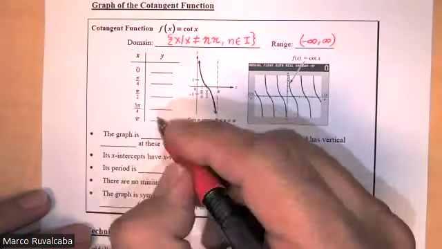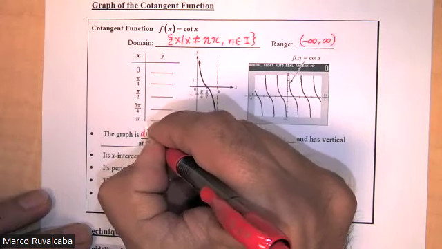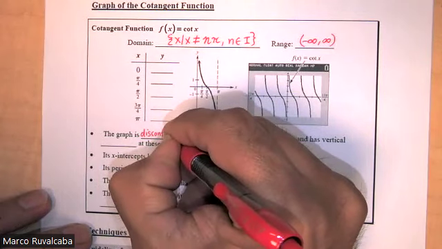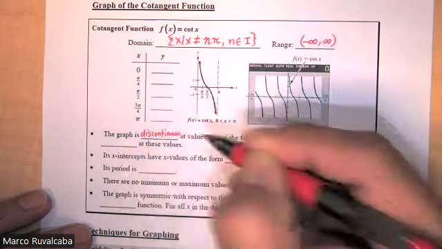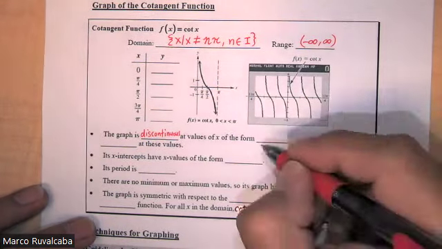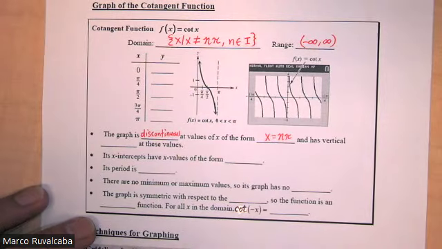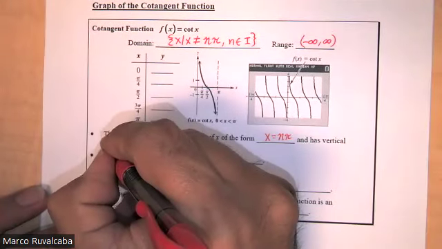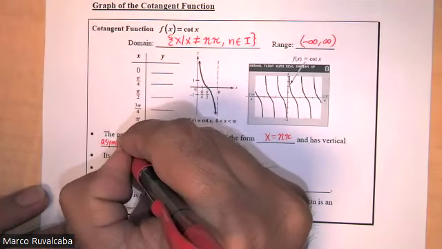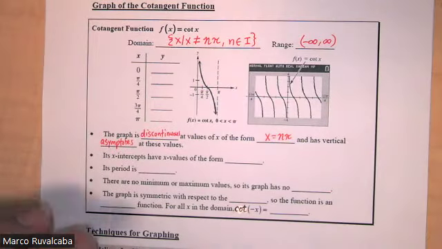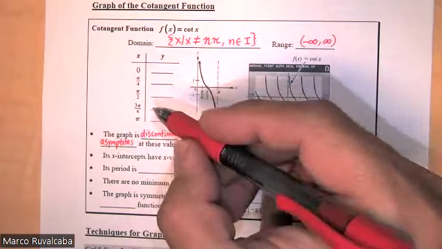This graph is also discontinuous at values of x of the form x equals n pi, and has vertical asymptotes at these values. I forgot to fill in the values for y here.